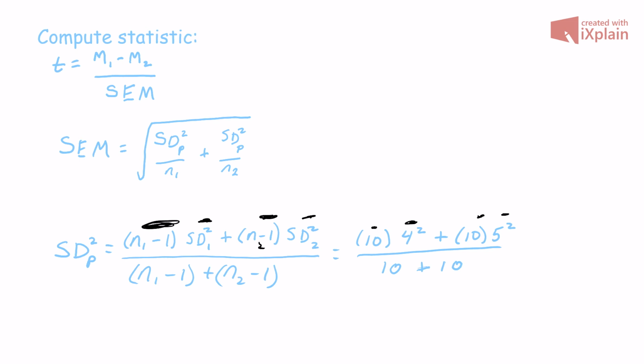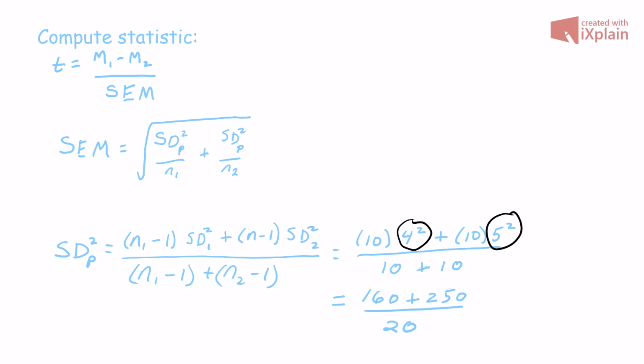And then the denominator is n minus 1 for the first group plus n minus 1 for the second group. When we work that out, 4 squared is 16 times 10 is 160. 5 squared is 25 times 10 is 250. And then we add the two numbers on top together, and divide by 20, and then we're going to get 20.5. This is our pooled variance.